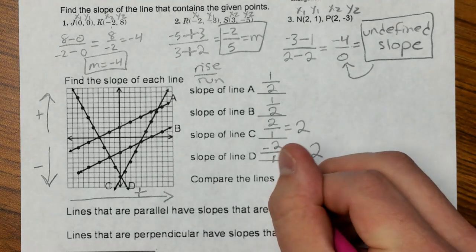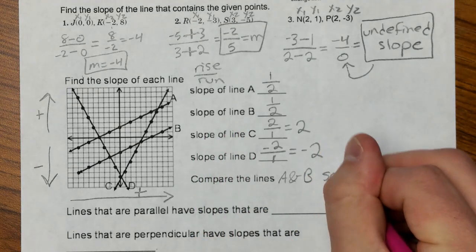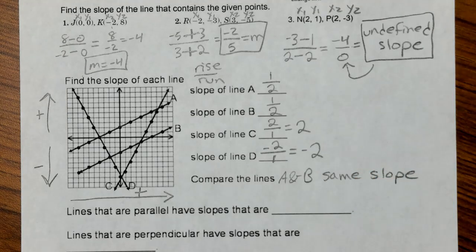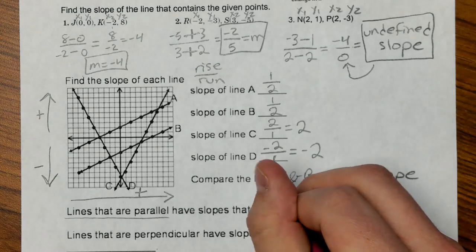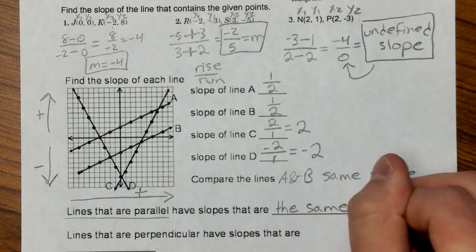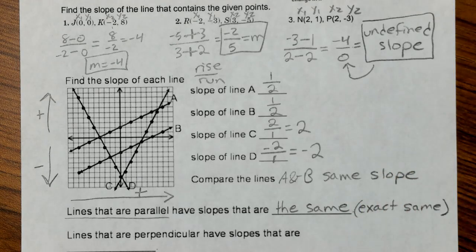Now let's compare the lines that we have. We know that A and B have the same slopes. So what does it mean when they have the same slope? It means that the lines are parallel when they are exactly the same. So we can say exact same slopes mean parallel lines.